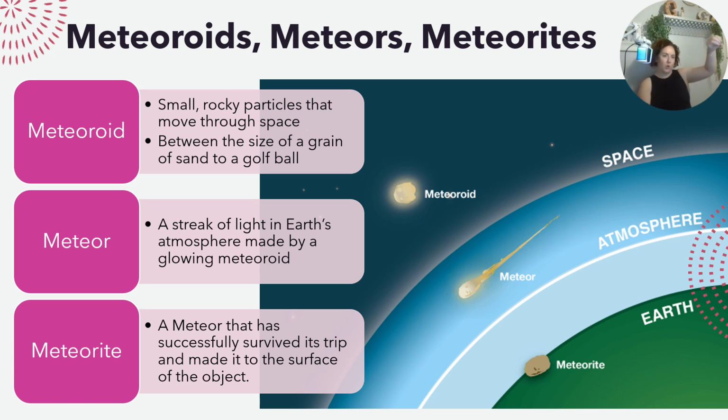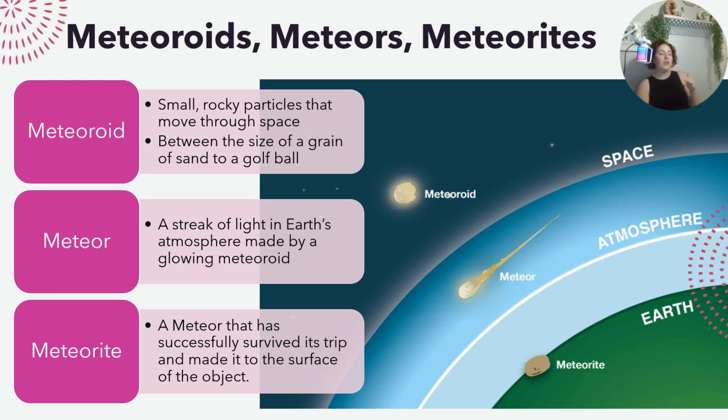Once the meteoroid starts entering into an atmosphere, okay, if we think of Earth, for instance. As soon as it leaves what we define as space and it starts entering our atmosphere, or the gas around us, that is when it changes its name from a meteoroid to a meteor.